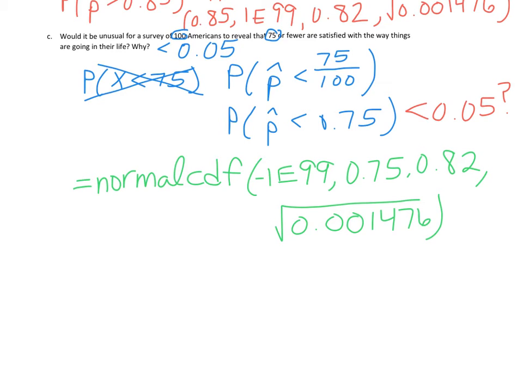All right, and then we put that into our calculator and we get approximately 0.0342. And remember what we're asking? We're asking if it's unusual. So is that less than 0.05? Yes, it is. So we could say yes, it's unusual.